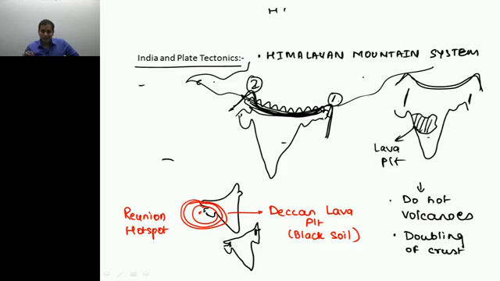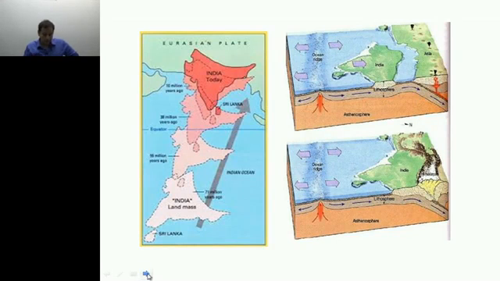So this is the concept of India and plate tectonics. To see it properly in the diagram, you can see here that the Indian landmass was initially in the southern hemisphere. It started drifting due to the continental drift theory. As is explained, it started drifting towards the north, and as a result the Indian Ocean occurred.